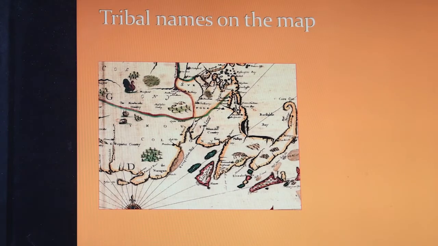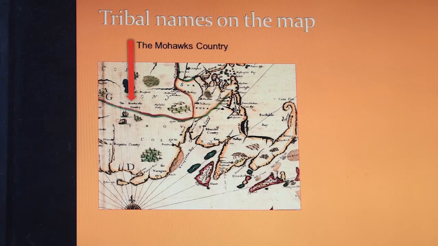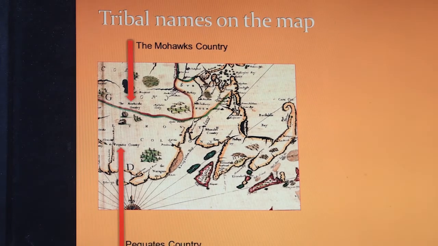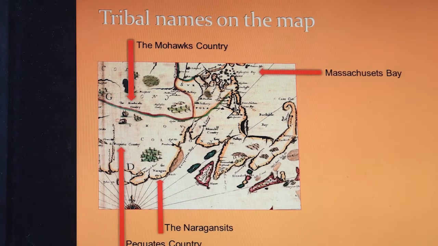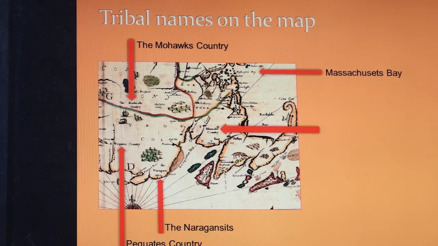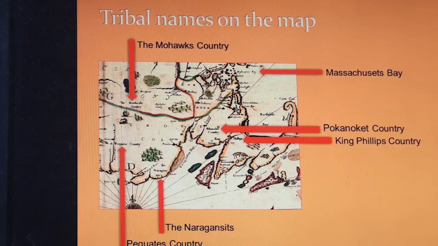Some of the tribal names that appear on the map include the Mohawks, the Pequots, the Narragansetts, and though the Massachusetts are not described as a tribe, they are included as Massachusetts Bay, and of course Pokanoket Country and King Philip's Country.